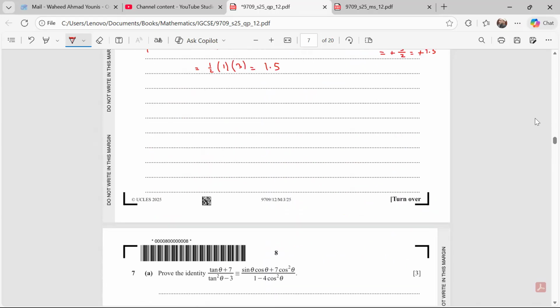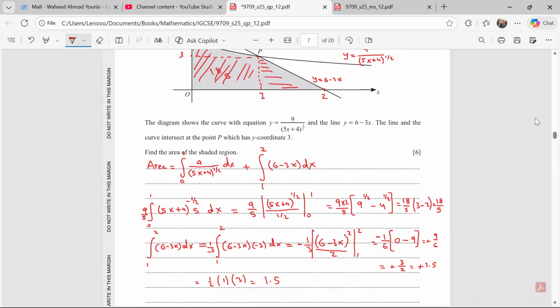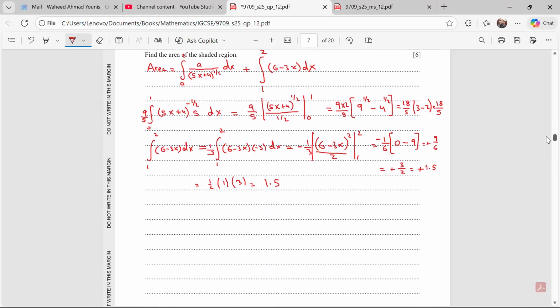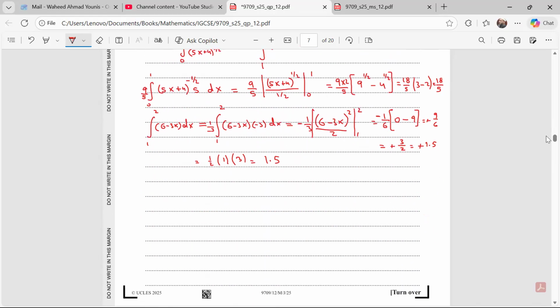So the area of the shaded region, okay, one second. Yes. So shaded area, it is 18 over 5 plus 1.5. Okay. And this will be, did I write it somewhere?